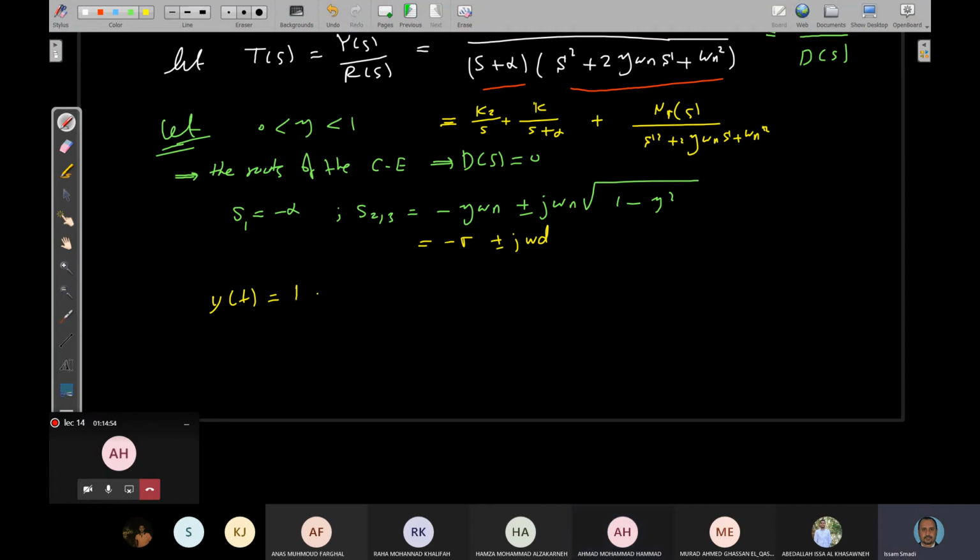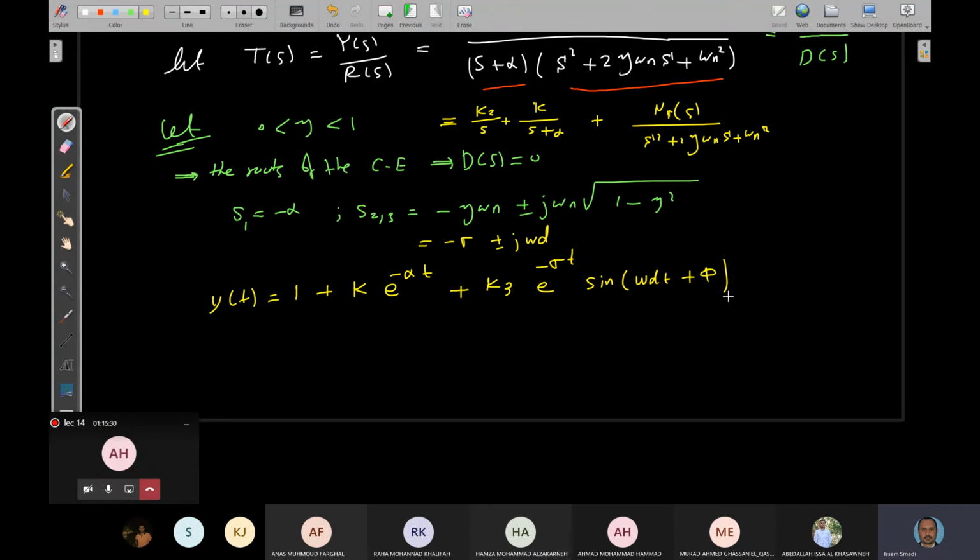Then, here I'm having a certain gain I don't care about. Here I'm having K exponential of minus alpha T. And here I'm having another term, let's say K3 exponential minus sigma T sine omega d t plus certain angle, correct?